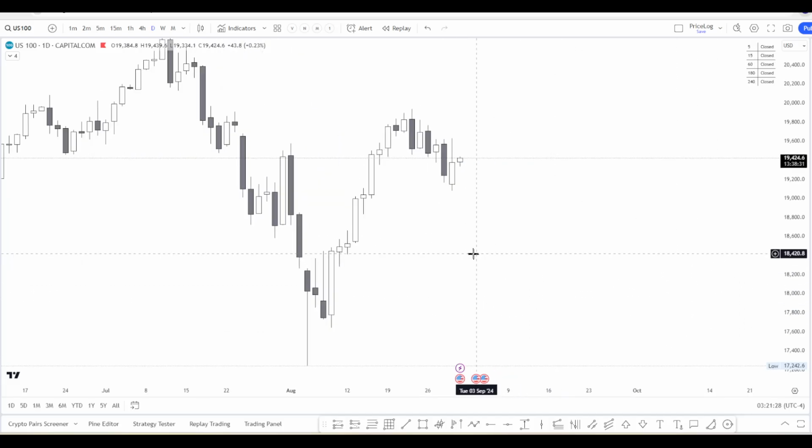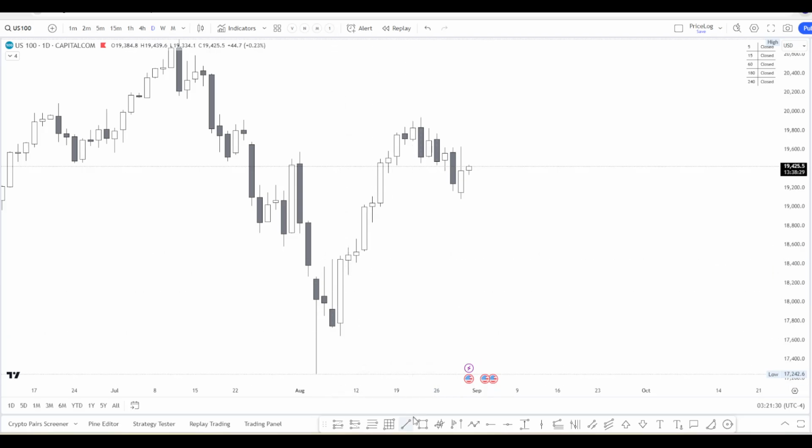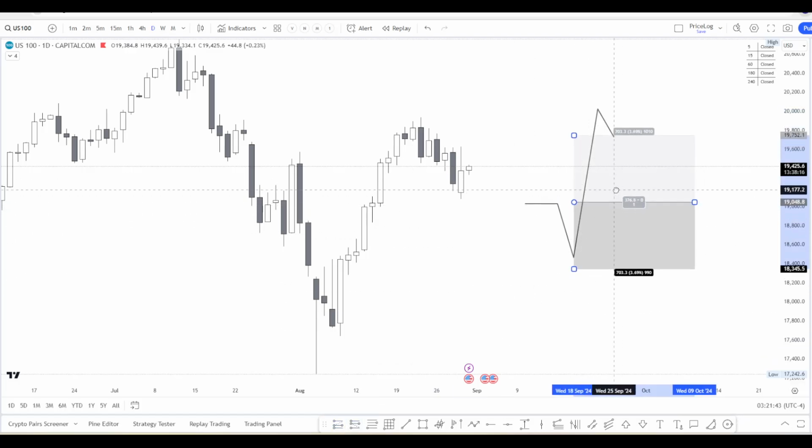And so if you are expecting a bullish day, then you would expect price to open up, go down, create that bottom wick, go up, and you can get involved all the way up, right?